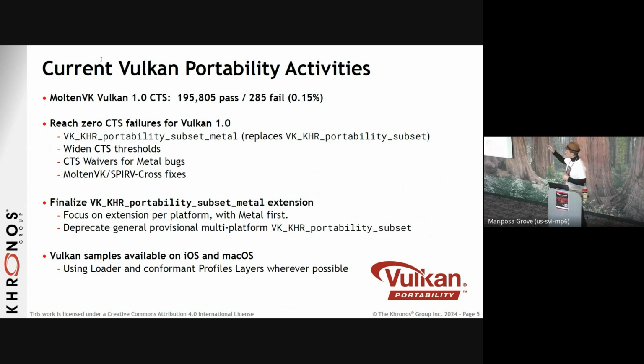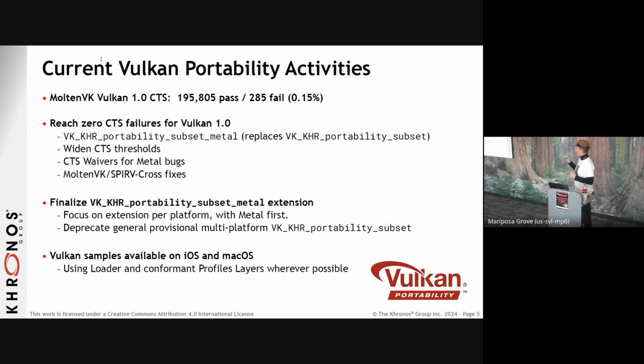So the idea is we are currently with Vulkan 1.0 as our test bed. We pass 195,000 CTS, which is a standard for Vulkan conformance and compatibility tests. We're currently failing about 285 of those tests. And then in the next point, we want to get that down to 0.